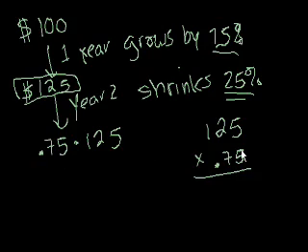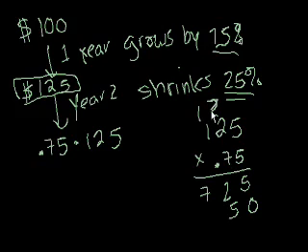Let's do the math. 5 times 5 is 25. 2 times 5 is 10, plus 2 is 12. 1 times 5, 5. Okay. 7 times 5 is 35. 7 times 2 is 14, plus 3 is 17. 7 times 1 is 7, plus 1 is 8.